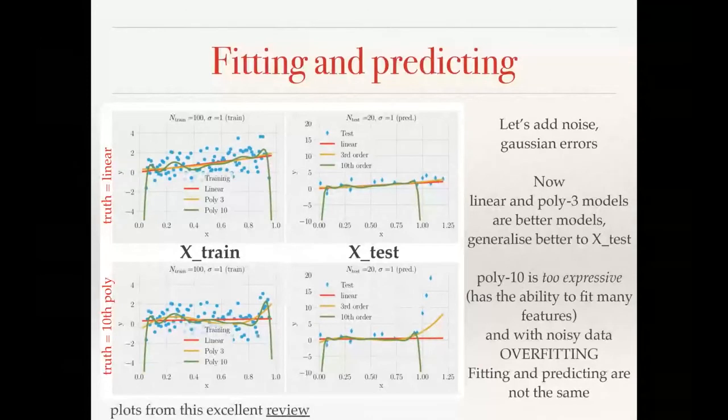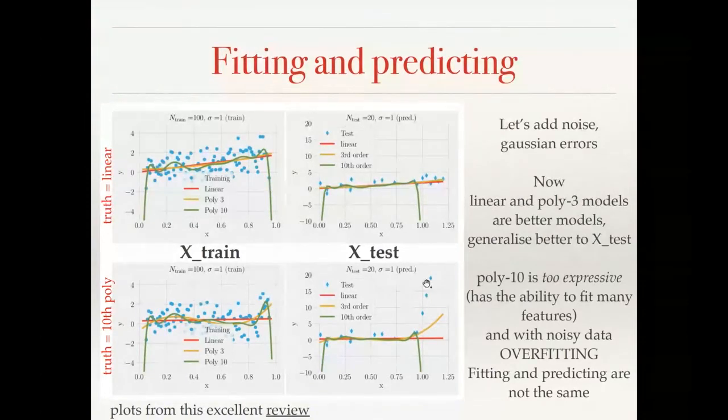So problem number one is letting the machine learning model run wild, if you want, and try to fit everything. There are so many parameters in, let's say, neural networks that the fit they can do is extremely good. But the predictions they make, so how much they can generalize, is extremely poor. So we need to make sure that our model does not overfit.